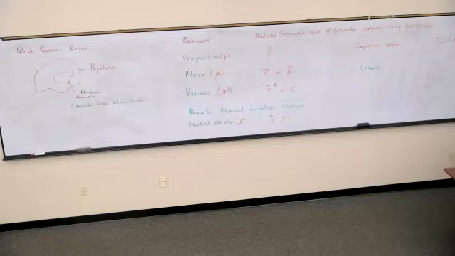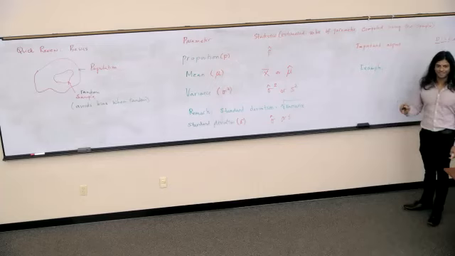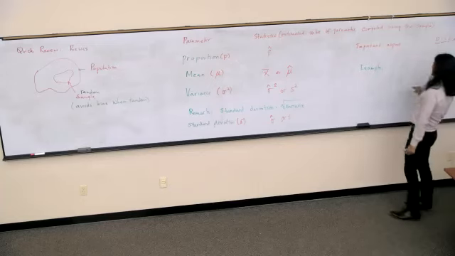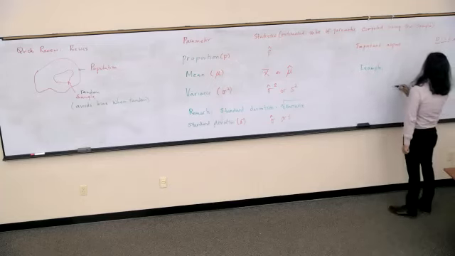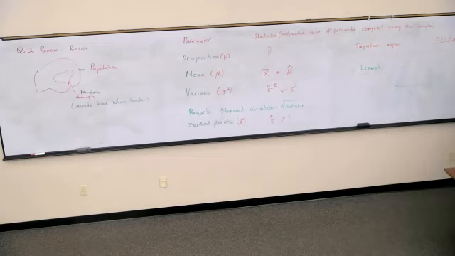Which one comes to your mind? Normal. So what does it look like? A bell curve. This is something we will see a lot. So when we show a bell curve, we are referring to a distribution.